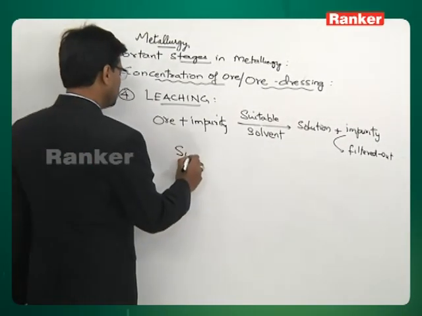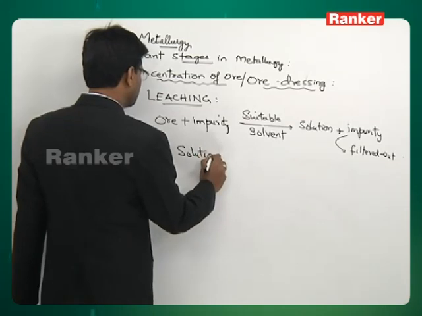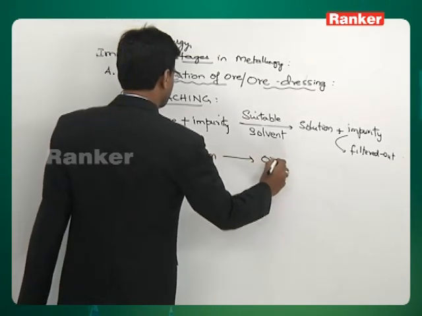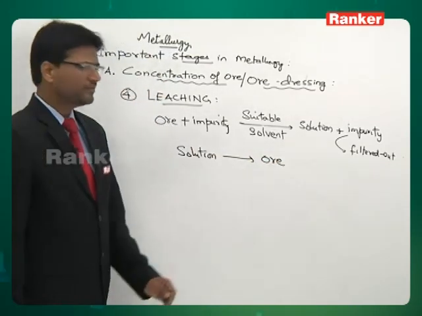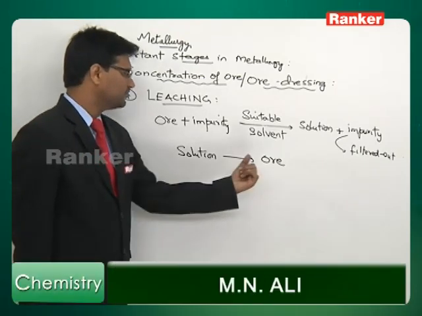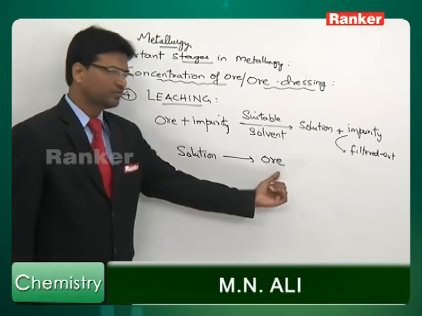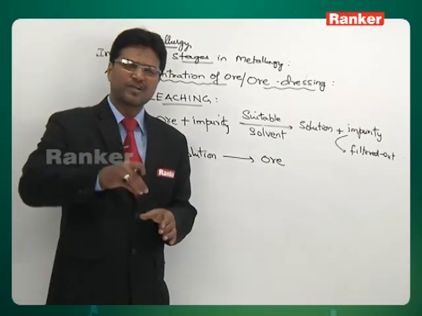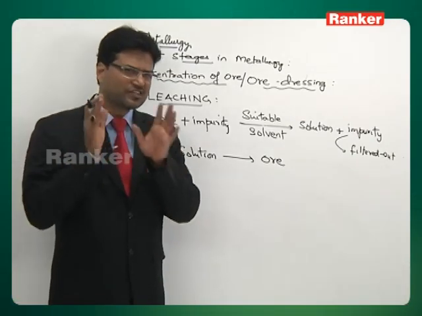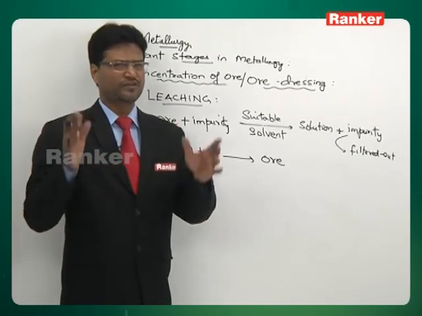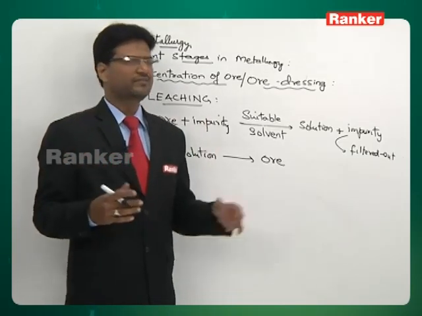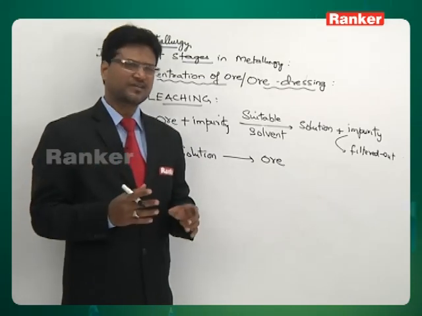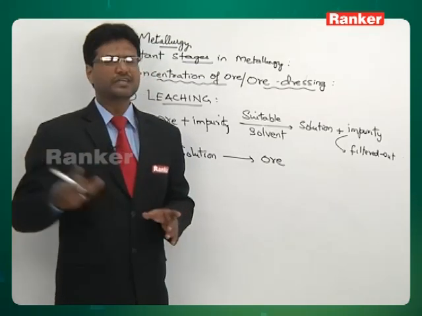Now, from the solution, we recover the ore by suitable treatment. You have an impure ore, you add a solvent which can only dissolve your ore, it will not dissolve the impurity. Then we get a solution. That solution is filtered to remove the impurities.